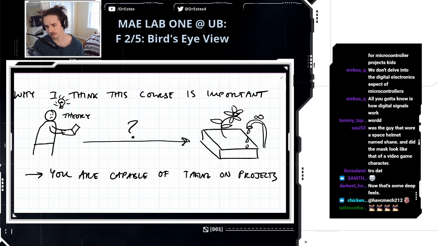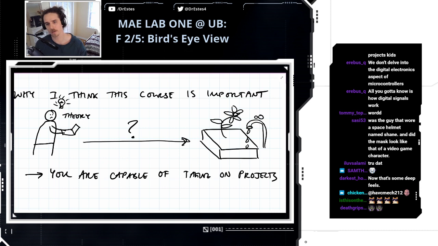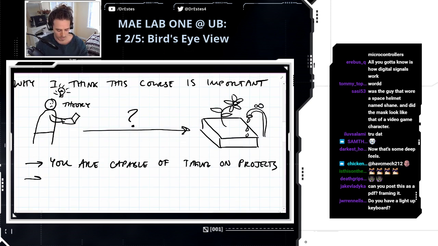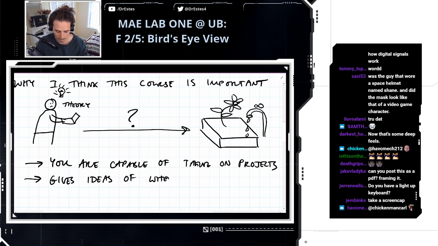Because I think what we need is just knowledge of the first couple steps, and then once you start having some success with it, you find out that you can do it. So this course is going to give you some ideas of where to start.